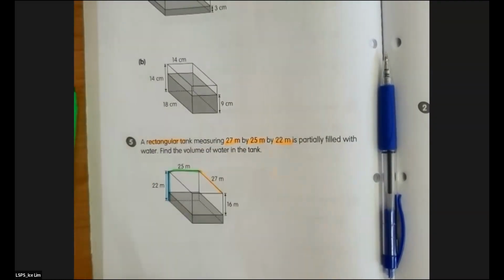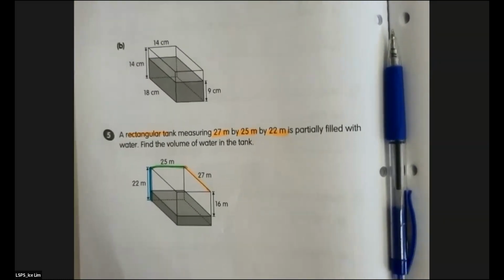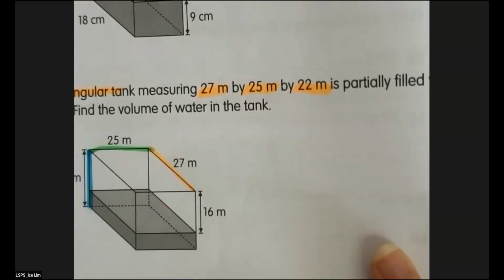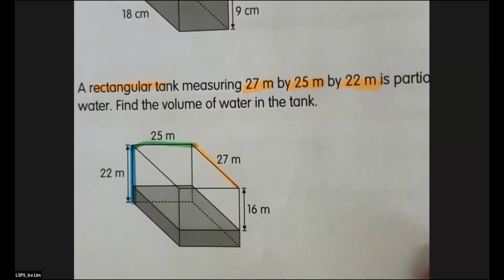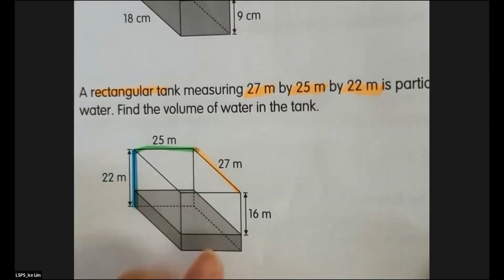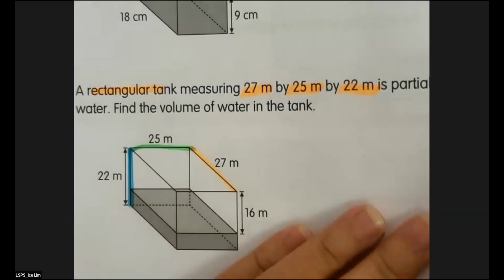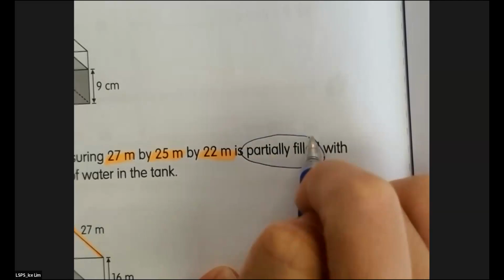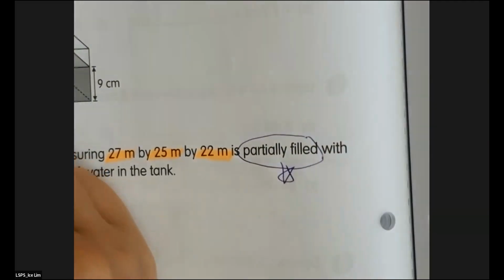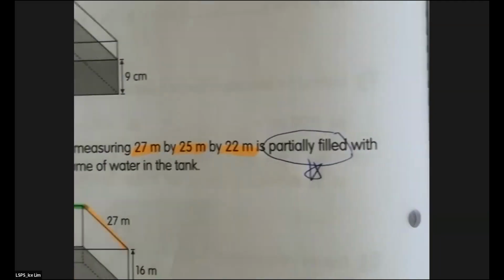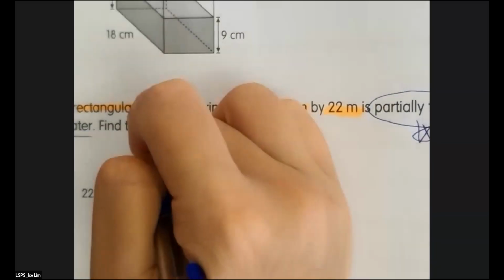Height, same as before. Are you able to get this? But that's not all. Right now, we are no longer asking about the container itself, the tank itself. Because there's this keyword of partially filled with water. And you're supposed to find the volume of water in the tank.